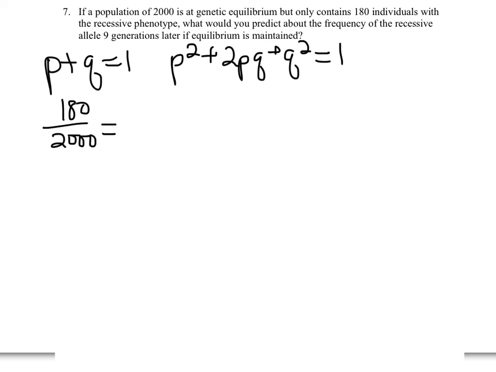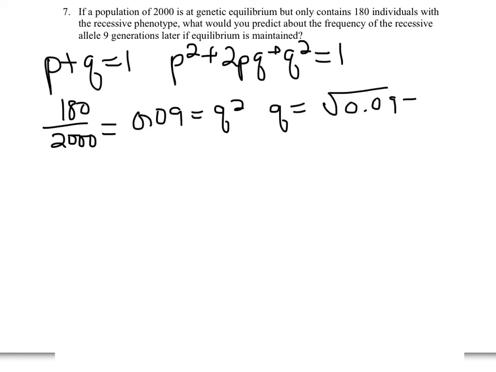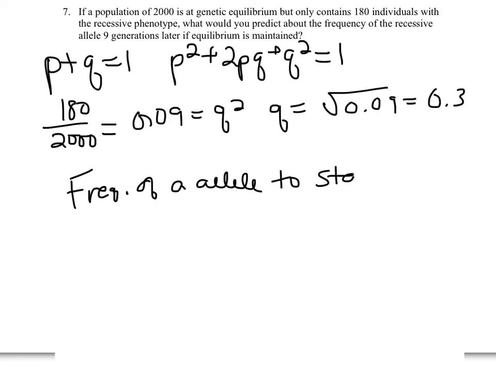That's the frequency, and that equals 0.09. That is equal to our Q squared. So Q is the square root of 0.09, which is 0.3. So we expect the frequency of the little a allele to stay at 0.3 after 9 generations if it's in Hardy-Weinberg equilibrium.